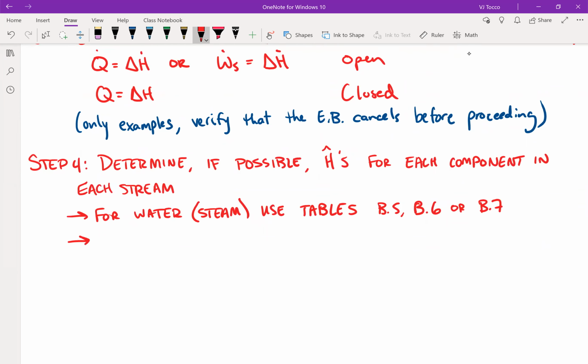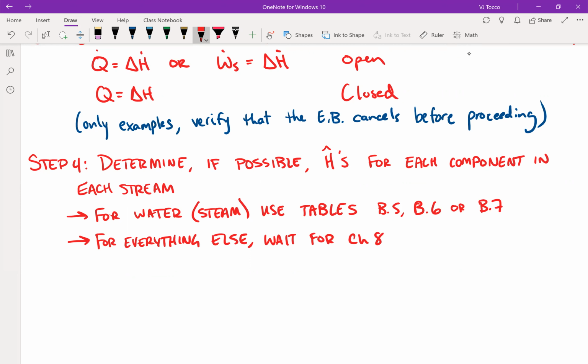And then for all other components, wait until chapter 8, where we'll discuss other ways that you can calculate specific enthalpies for components.